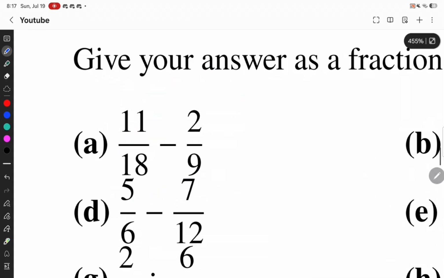Let's do this. Cross multiply, we get 99 minus 36 all over 18 times. Why are we doing this unnecessary job? We can just multiply this by 2 and we can get our job done.